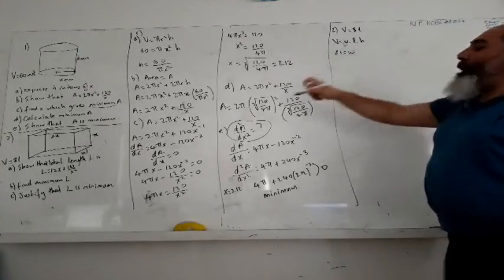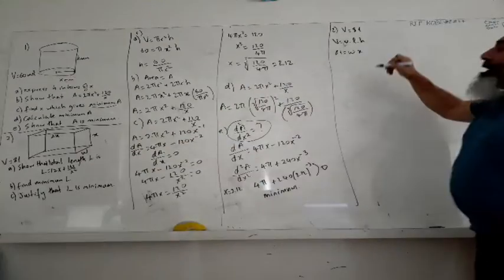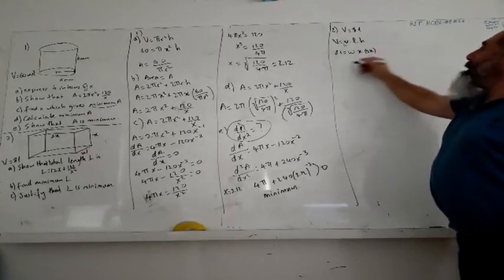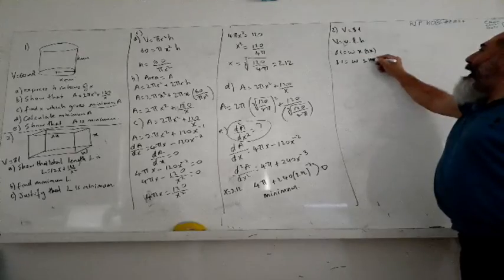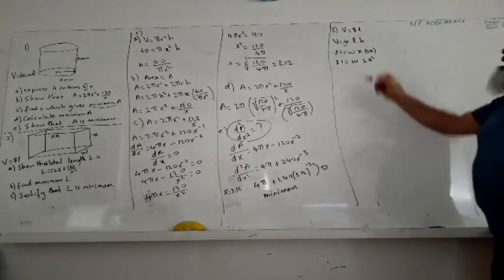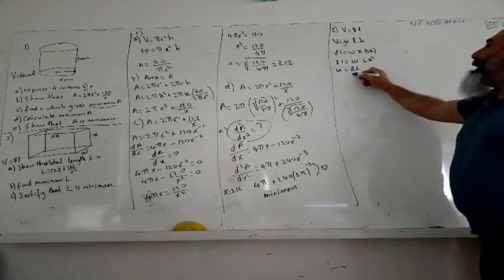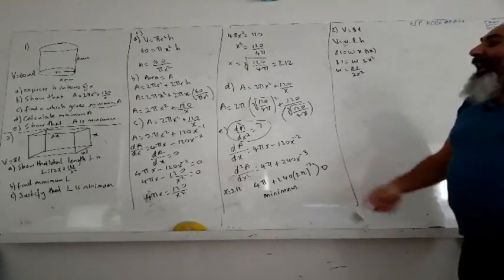And the length is 2x. So 81 is equal to width times 2x squared. Width is equal to 81 over 2x squared. So we know all the lengths in the rectangular box in terms of x.